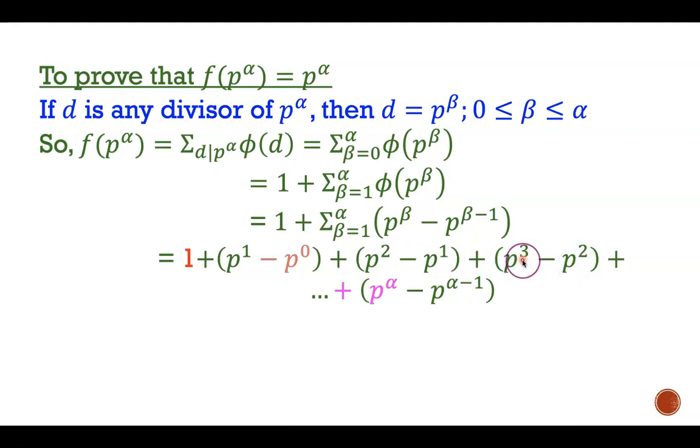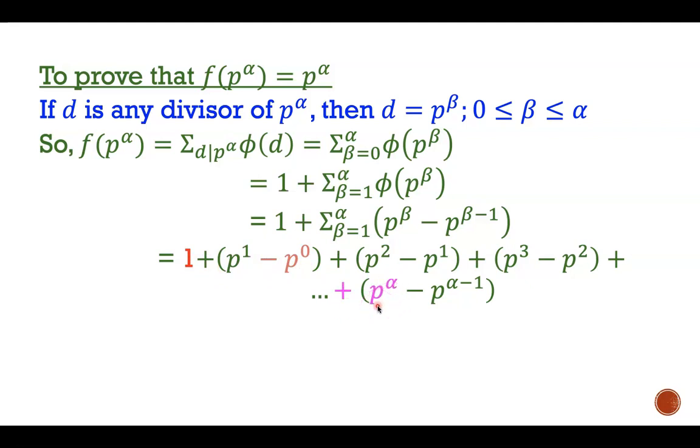P cube will correspond to a minus p cube in the next term, so those two will get cancelled, and so on. And similarly, this minus p raised to alpha minus 1 will be cancelled with a plus p raised to alpha minus 1 in the term preceding this one. So after all these cancellations, the terms remaining will be 1, this minus p raised to 0, and this plus p raised to alpha.